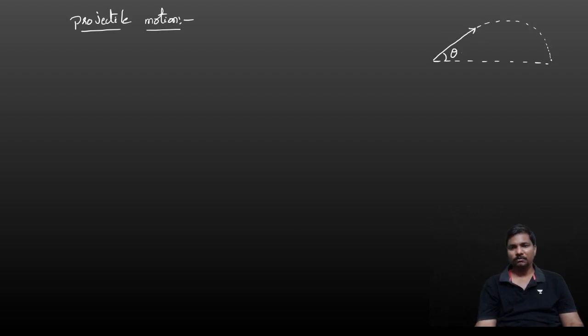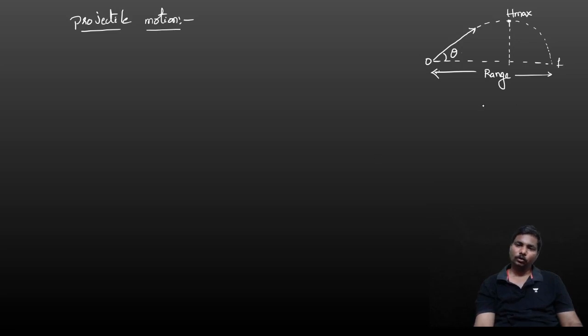We can observe this: if you throw any ball like this, it always takes a curved path. It will reach a maximum height at a certain point. The horizontal distance from initial to final point is called the range. The total time is t.